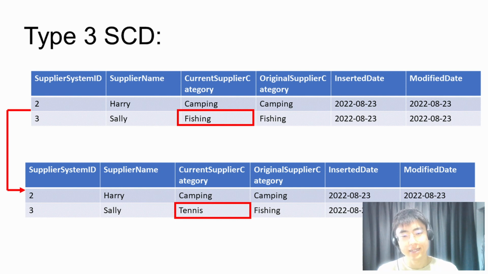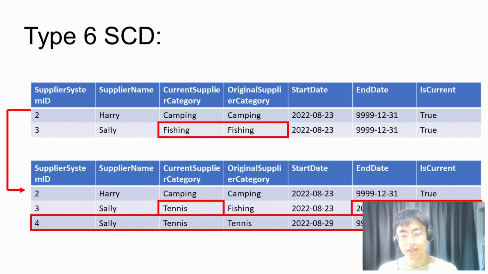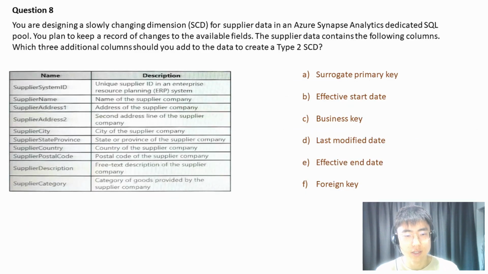So type 3 SCD can be thought of as adding columns to track the changes, and type 2 SCD can be thought of as adding rows to track the changes. There are some other types of SCD as well, like type 6, which is a combination of type 3 and type 2, but the important types we need to know are type 1, 2, and 3, so we'll stop it here.